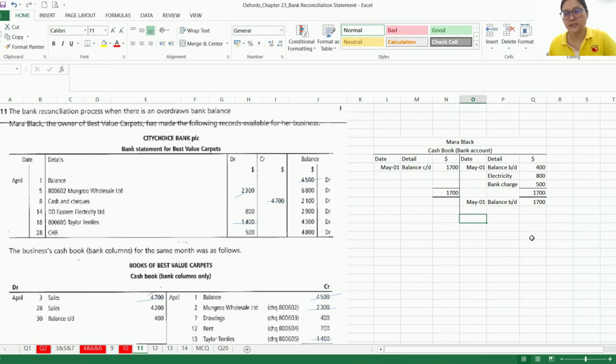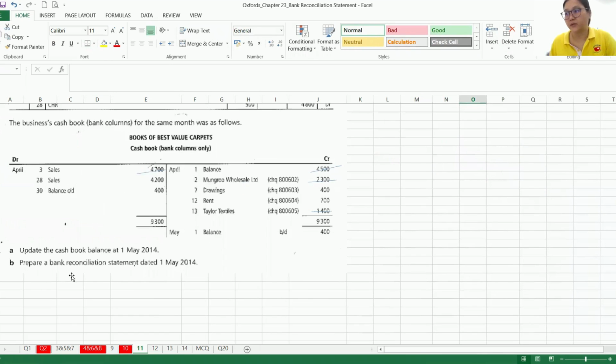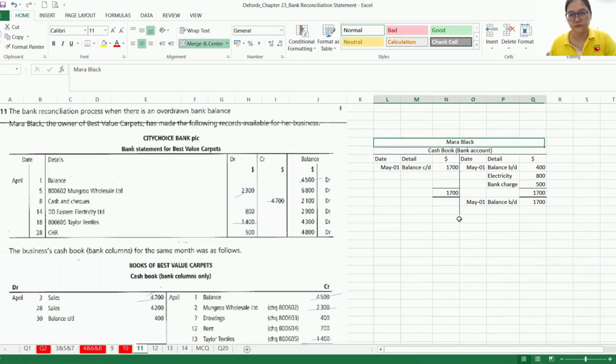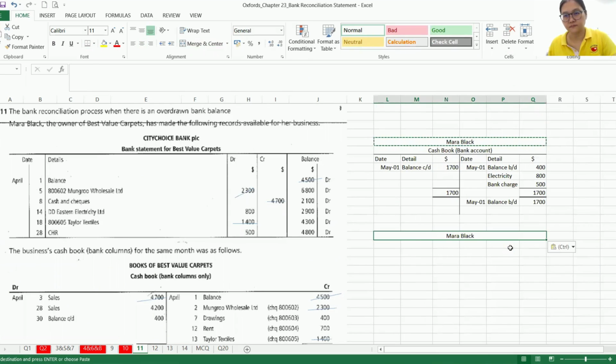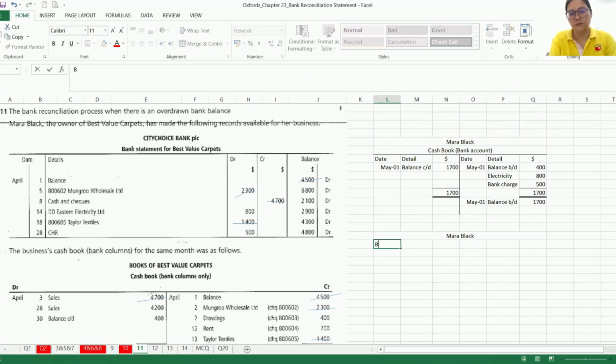Okay, now next is that they asked to prepare the bank reconciliation statement. So now bank reconciliation statement at 1st May 2014.